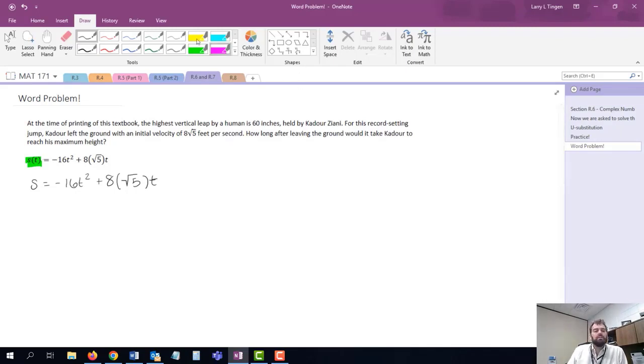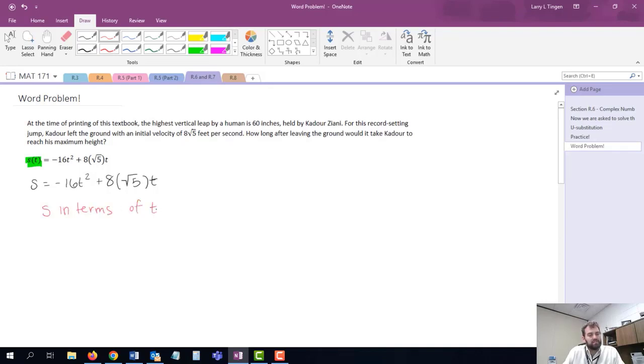Now, the notation, you notice I'm saying s of t. The reason it's s of t is because I literally have s, the height, in terms of t. Think about what I just said. S in terms of t.